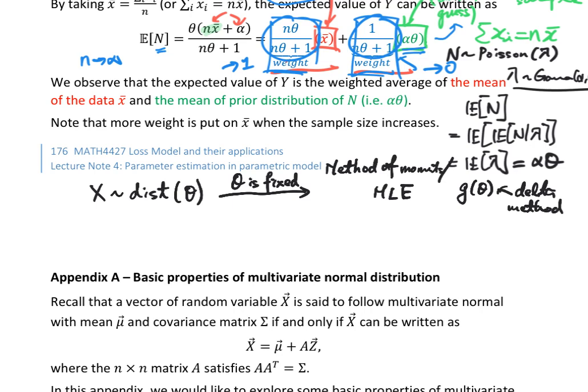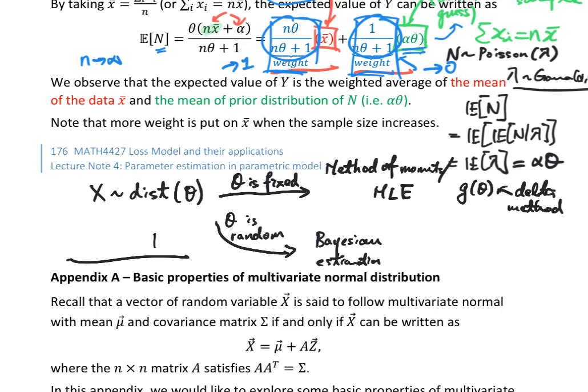The other approach is to estimate using Bayesian estimation. That is, we assume that theta is a random variable. In other words, you make a guess on the distribution of theta, so it can take multiple values.